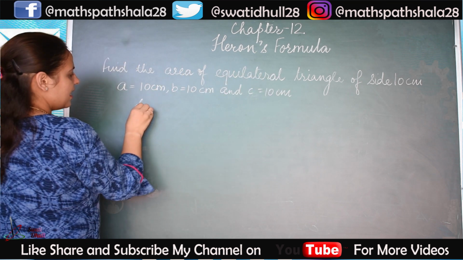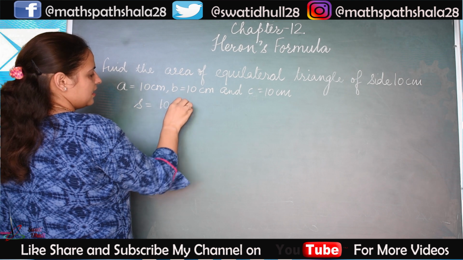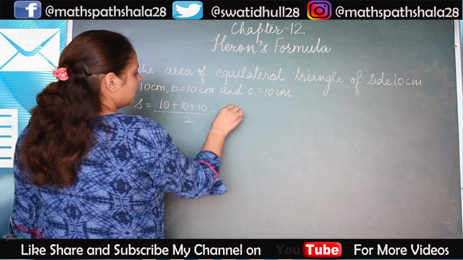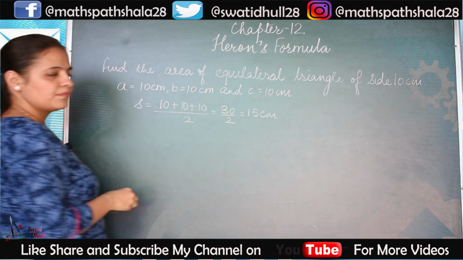Now what will be S? That is A plus B plus C by 2, that means 10 plus 10 plus 10 by 2, that means 30 by 2, that means 15 centimeter. Fine.